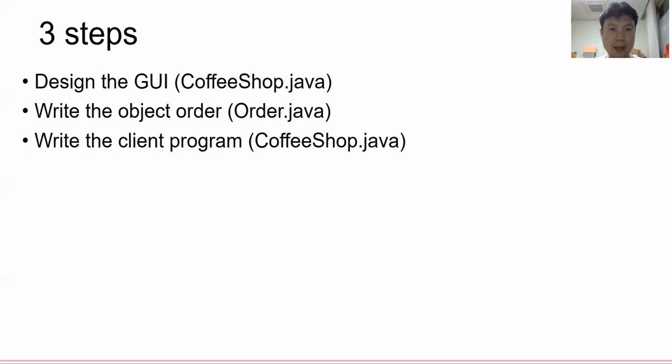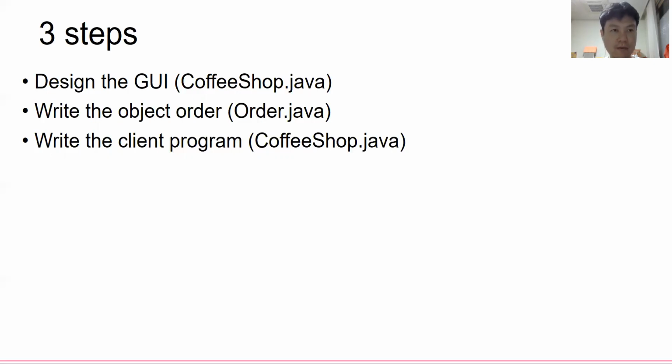And after you design the GUI, you can write the object. In this case, I'm going to think about the order Java. One order can be one instance, so I will make order Java as the class.